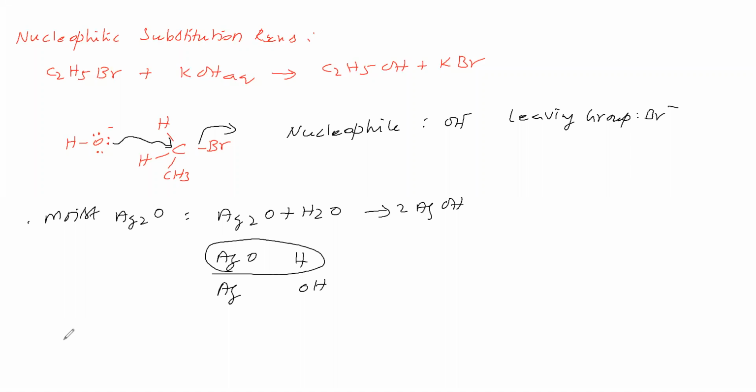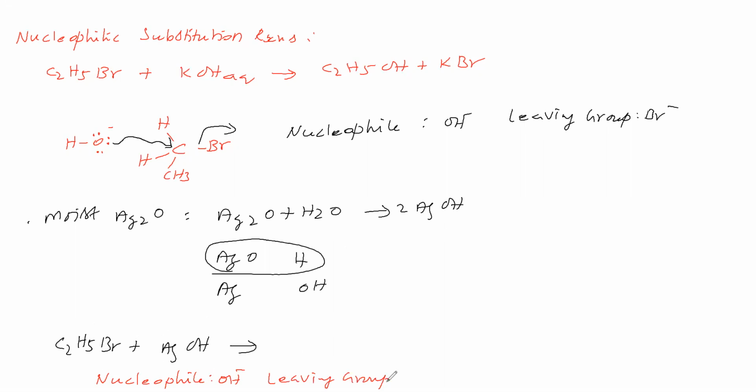So the alkyl halide we will take as ethyl bromide. Moist silver oxide means silver hydroxide. Now, what is the product that we will see? Here, the nucleophile is OH minus.